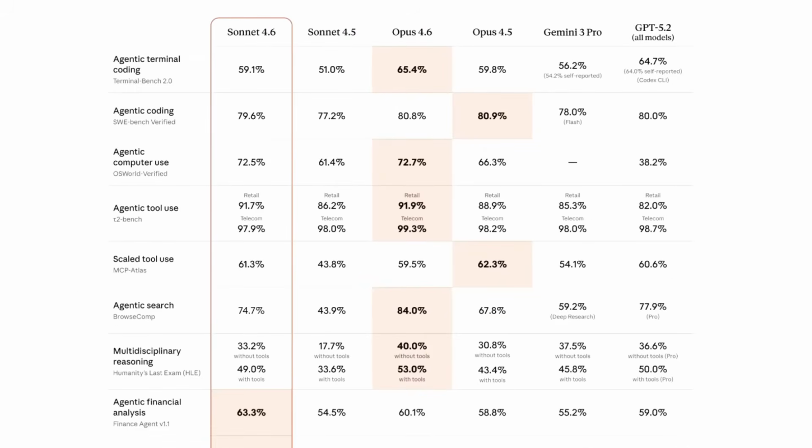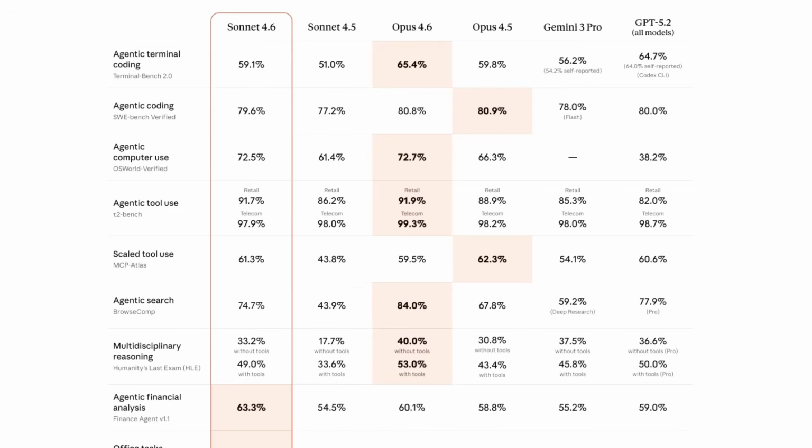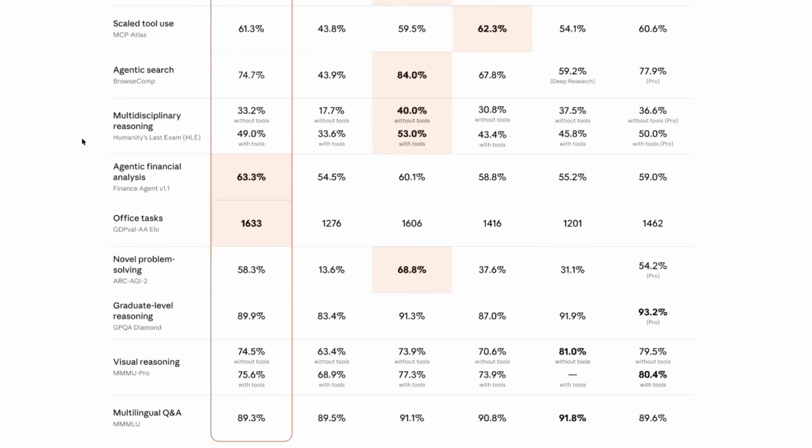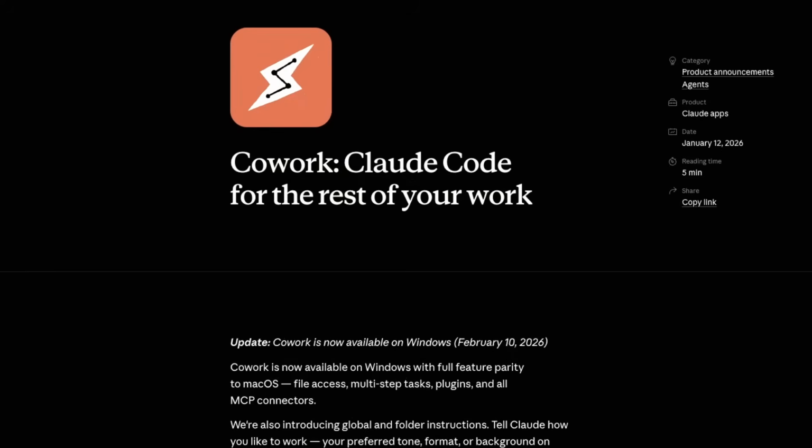Now that brings us to the other benchmarks, and the other benchmarks are very impressive here. We can see that while they are behind Opus 4.6, Sonnet 4.6 is definitely catching up to the level that is being set by the Opus model. And personally, I think that a lot of the goal here is to build a model that's reasonably cheap for Cowork.